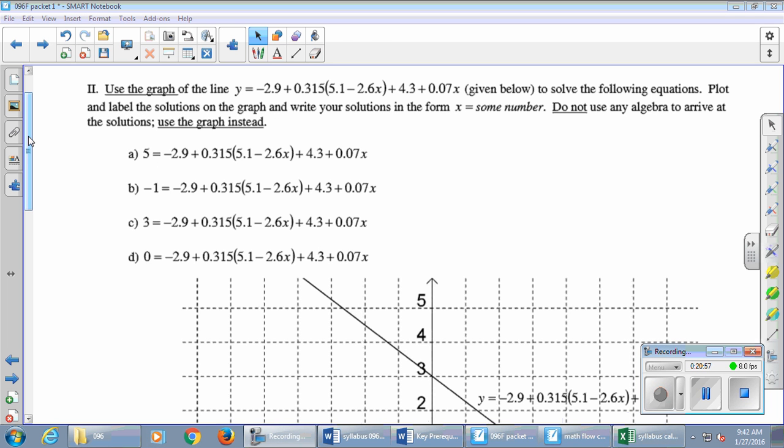Okay, so we're given the graph of this crazy complicated equation, y equals a whole lot of stuff. That crazy complicated equation is graphed as this diagonal line. And then we're asked to solve this crazy complicated equation here, 5 equals a whole bunch of stuff. The first observation is that all of this is exactly the same as all of this.